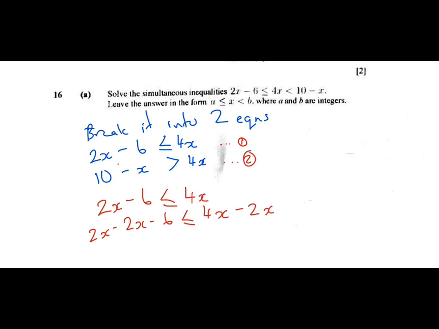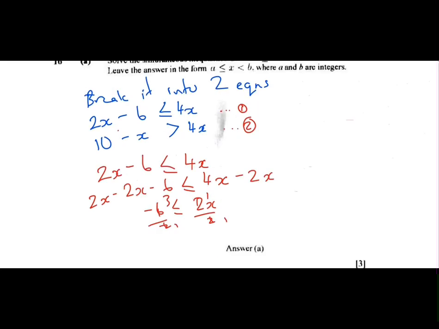And we're going to divide both sides by 2, since 2 is the highest common factor between 2x and minus 6. So we get 2 into 2, 1, and 2 into 6, we get 3. So minus 3 is less than or equal to x. That's our first inequality. Let's move on to the second one.